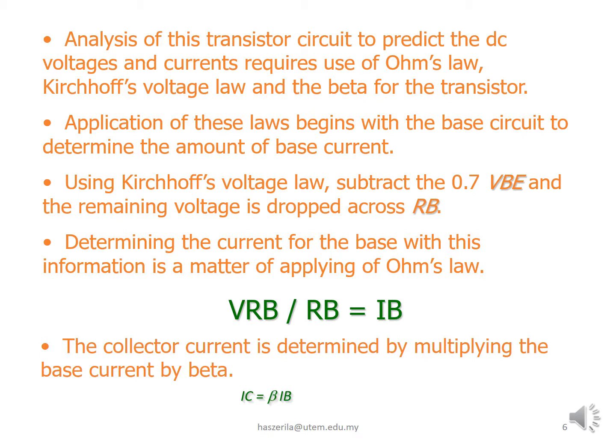By using Kirchhoff's voltage law, subtract the 0.7 volt of the VBE and the remaining voltage is dropped across the RB. By using Ohm's law, we can calculate the base current, which is equal to VRB divided by RB. The collector current is determined by multiplying the base current by the value of beta, or the current gain.